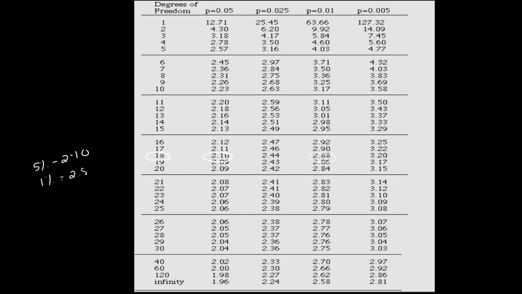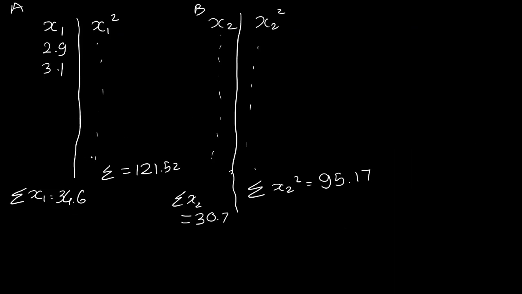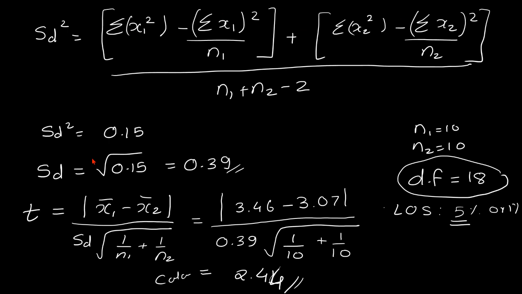So let's go and check this. What is my value? 2.44. So at 5% level of significance, my tabulated value was 2.10, and this 2.44 is surely greater than this 2.10.